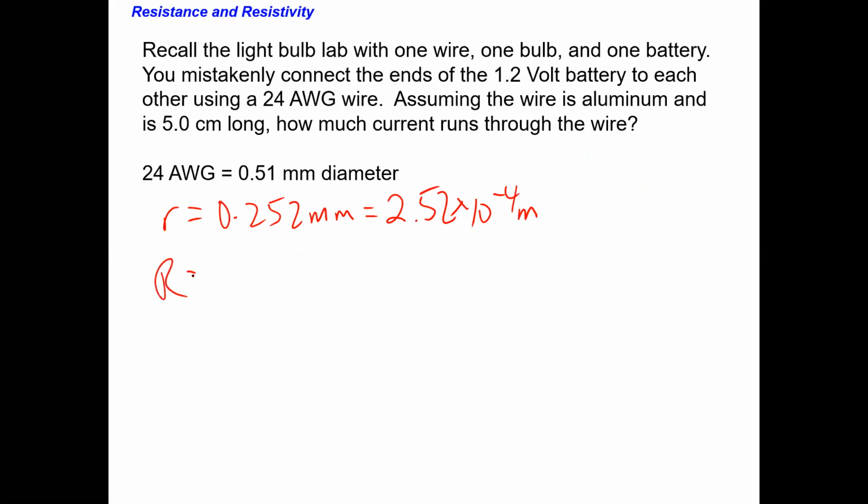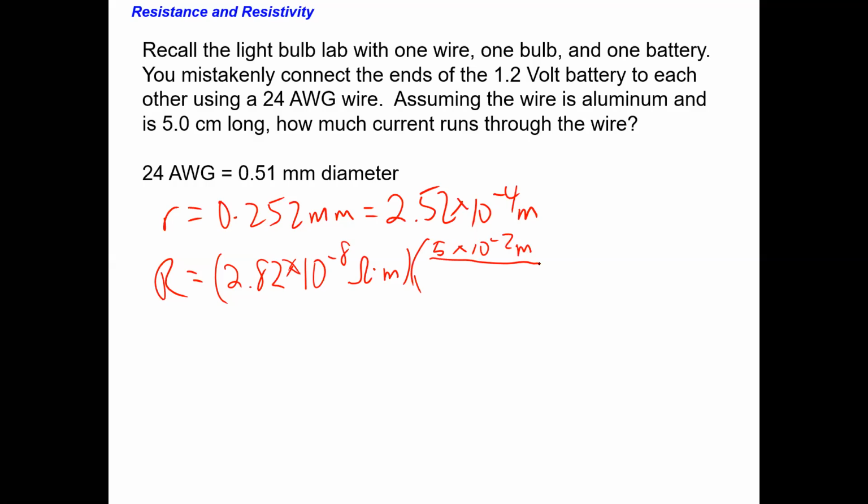And now I can go ahead and plug in some values. My resistivity for aluminum is 2.82 times 10 to the negative 8. The length of the wire, it says it's 5 centimeters. Of course, we're not going to operate in centimeters. We need to operate in meters.